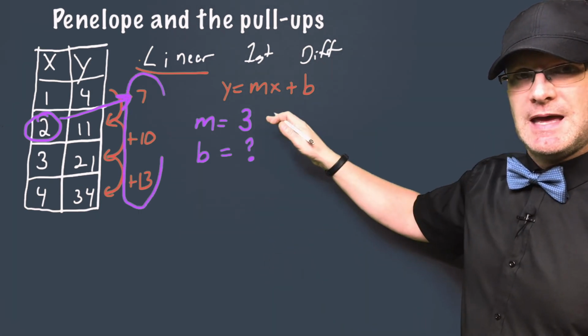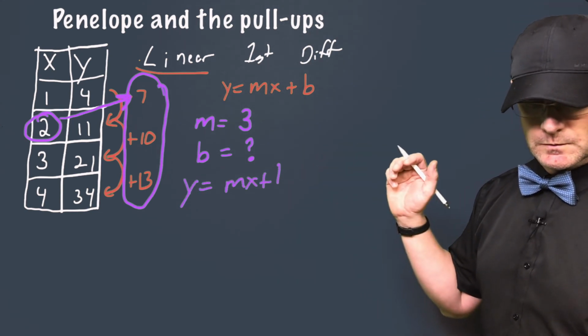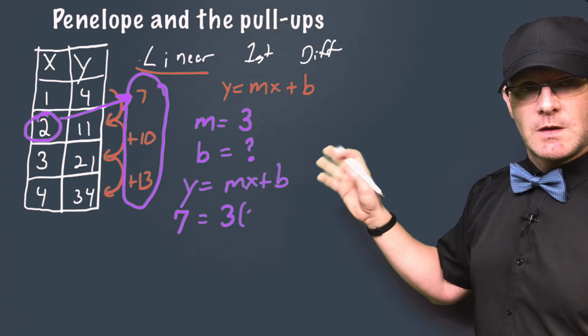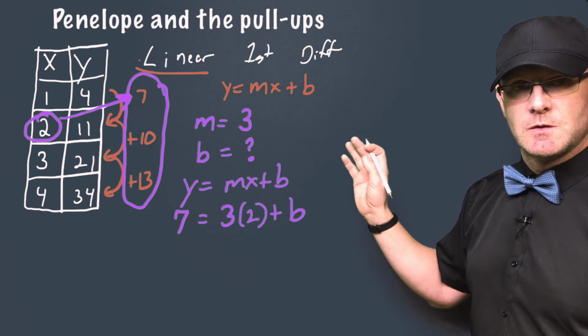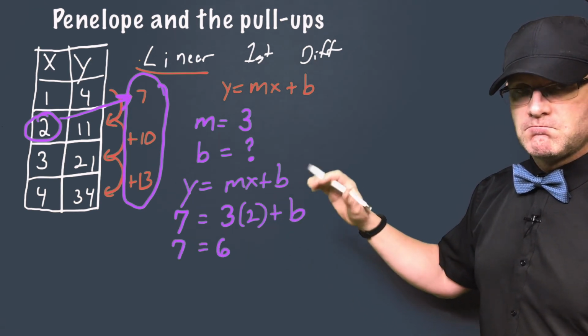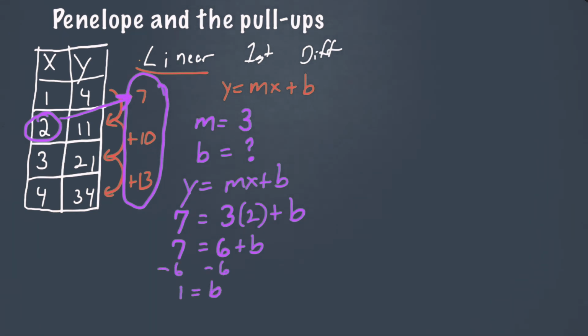So I substitute that into slope-intercept form. Substitute in 7 equals 3 times our x value, in this case 2, our input, plus b. That works out and shows me that my b term is 1. So writing that in slope-intercept form, the linear expression there is y equals 3x plus 1.